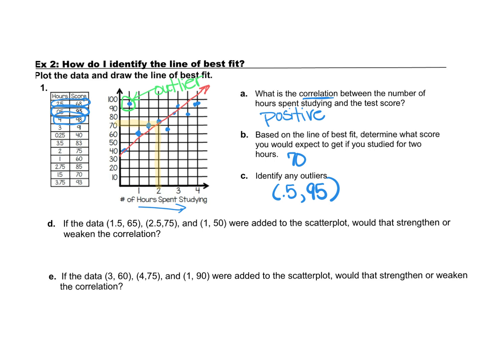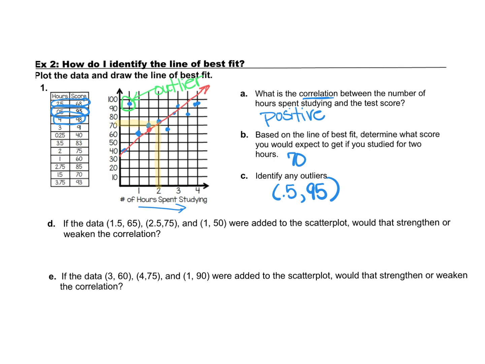For letter D, it says, if the data 1.5, 65, 2.5, 75, and 1, 50 were added to the scatter plot, would that strengthen or weaken the correlation? Well, let's go ahead and take a look. I'm going to just plot these in a different color. So 1.5, 65. All right, so we'd be right about right here.